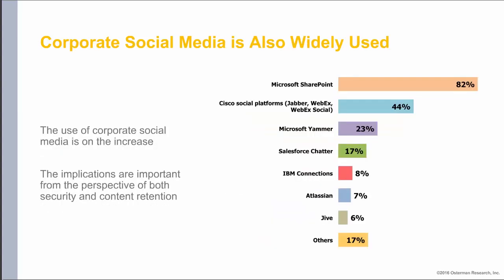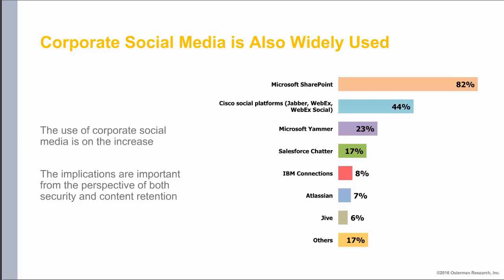What we also find is that corporate social media is also very widely used. Now, we include Microsoft SharePoint here. It's not truly a social media tool per se, although it does have social media elements to it. It's mainly for document collaboration, document sharing, and so forth. But we've included it here because SharePoint is so incredibly pervasive in most organizations.